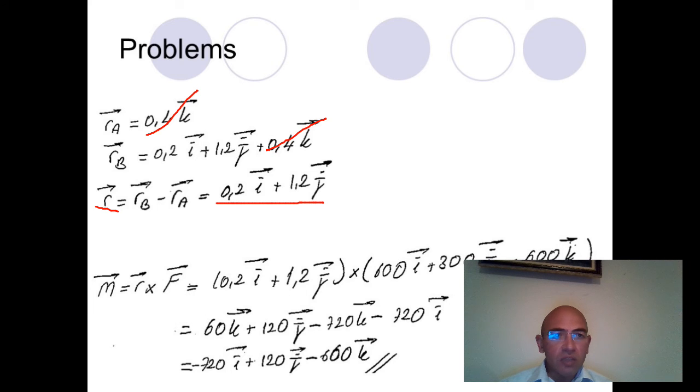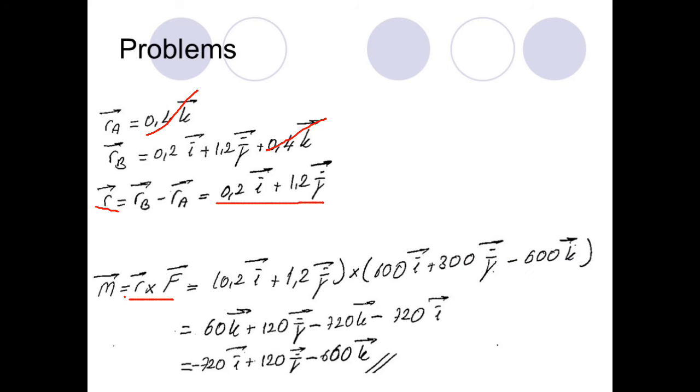Now, in order to calculate the moment of this force with respect to point A, we will multiply the r vector with F with a vector product. So r cross F.